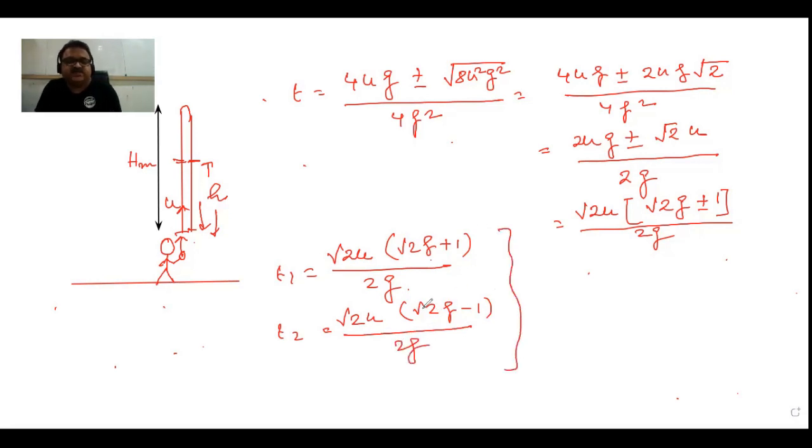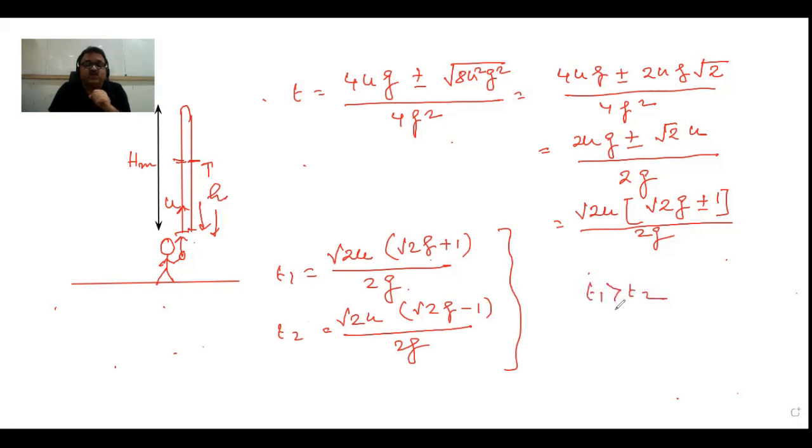None of these is negative, so each of the values is possible. Now, the very interesting thing is, out of T1 and T2, which is lesser? Look, T1 is greater than T2.